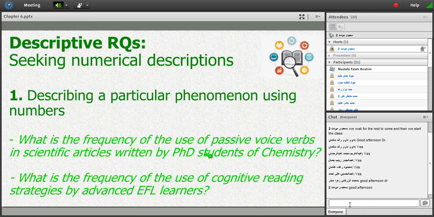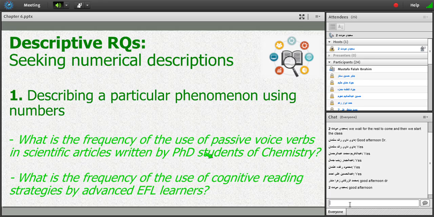We should teach them something that is useful for them in order to write research, in order to do their tasks at university. I want to check the number of passive voice verbs in the articles by PhD students of chemistry to have pedagogical implications, to take advantage of the numbers.